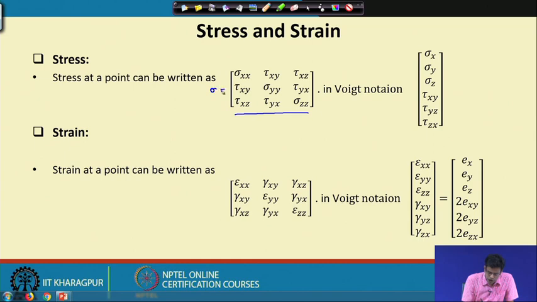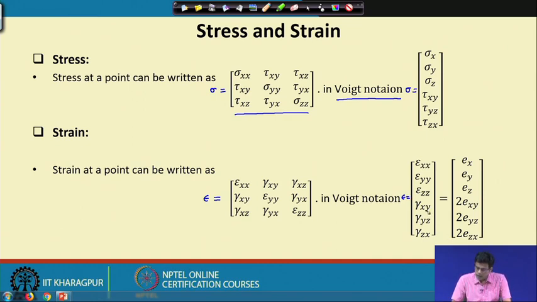So, sigma we represent in this way, and then in Voigt notation or in a vector form we represent in this way. Strain similarly we represent in a tensorial notation epsilon, and then in Voigt notation in a vector form.